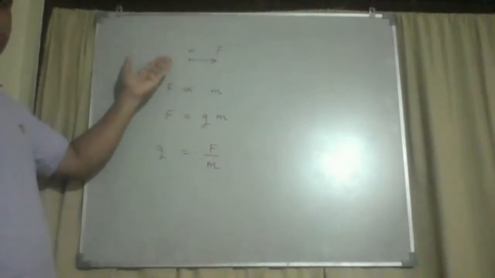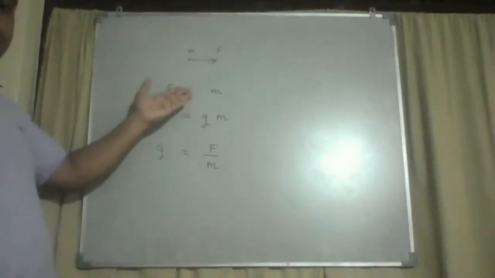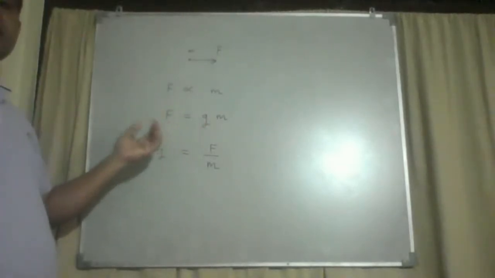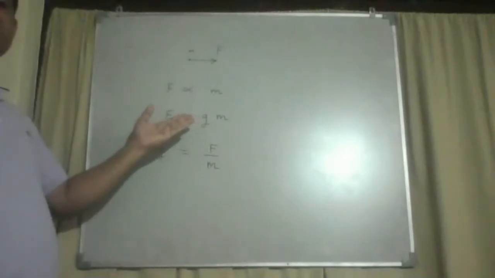Imagine a single point mass m exists in a space, and there is a gravitational force F on that point mass. Then we can see that F is proportional to m. By introducing a proportionality constant g, we can write this as F equals gm. The proportionality constant g is termed as the gravitational field intensity.